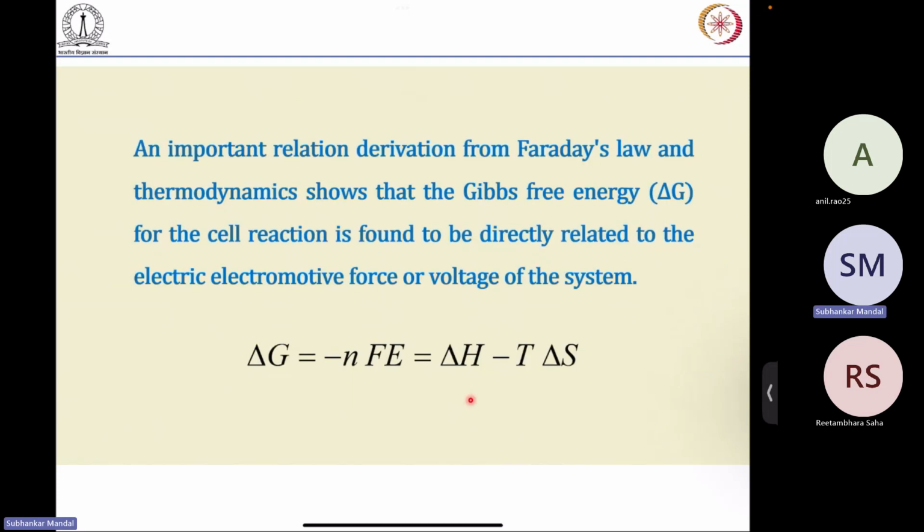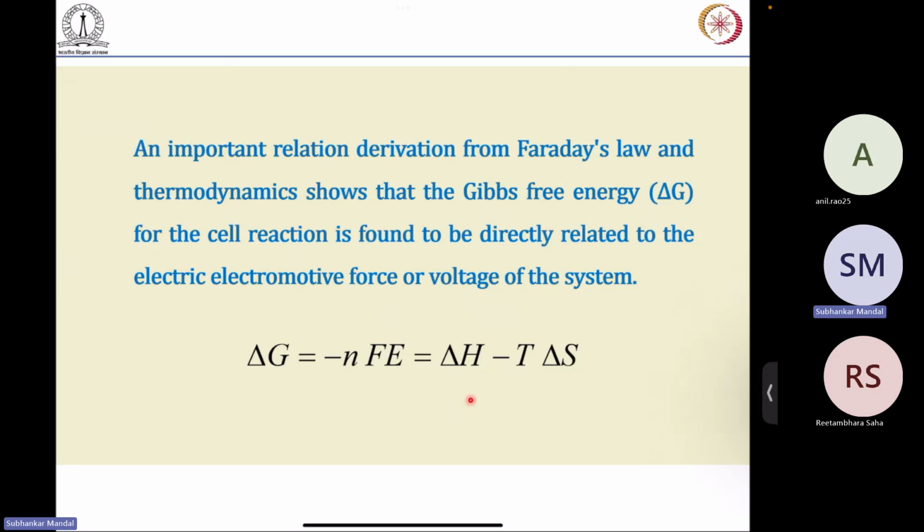Some thermodynamic relationships with the battery: when you are using the battery in Bangalore, the temperature is different from when you are in Kolkata or Delhi. That means battery performance can be affected by temperature and different thermodynamic parameters. There is a relationship between the potential of the battery and the thermodynamic parameters.